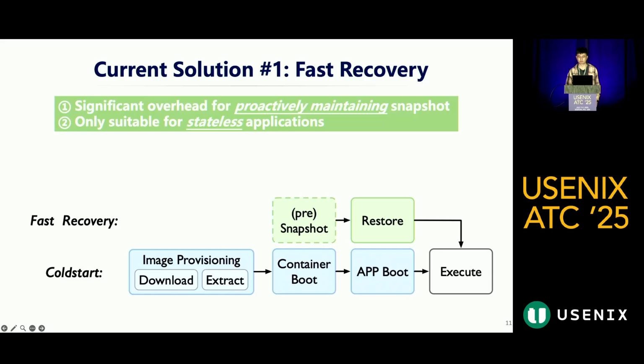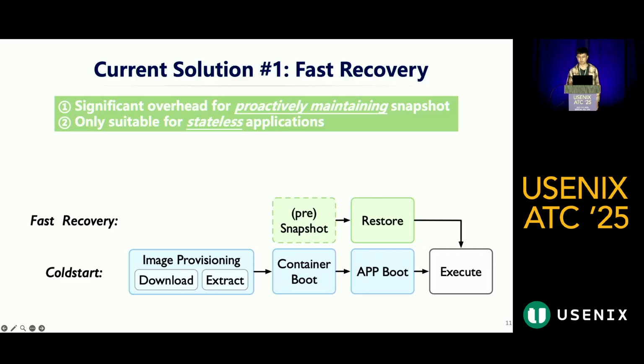Some researchers recognized this problem and attempted to bypass cold start by storing container snapshots in memory or external storage, and then recovering from them for a faster response. However, proactively caching such snapshots introduces significant overhead, and maintaining them in a distributed environment is quite challenging.